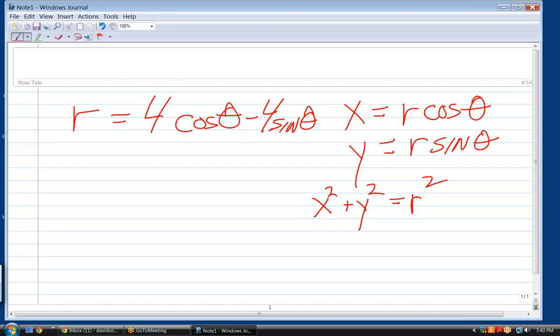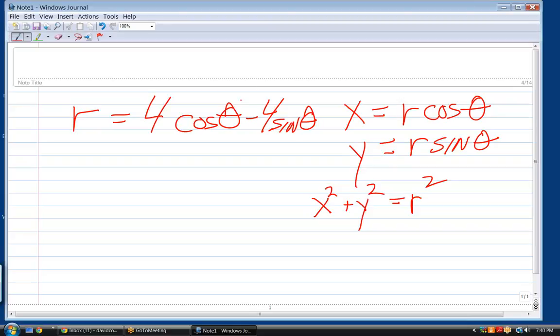Think in a second. Let's see, what should we do here? We could square both sides. Squaring both sides is going to give us a nice advantage, I think.